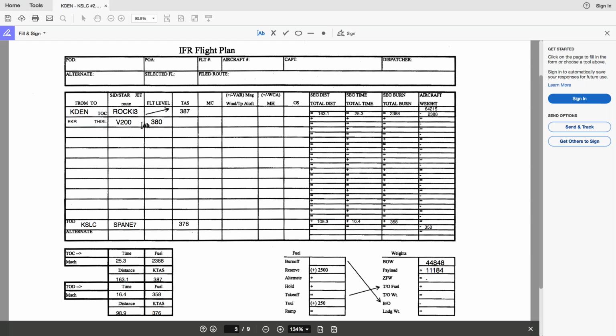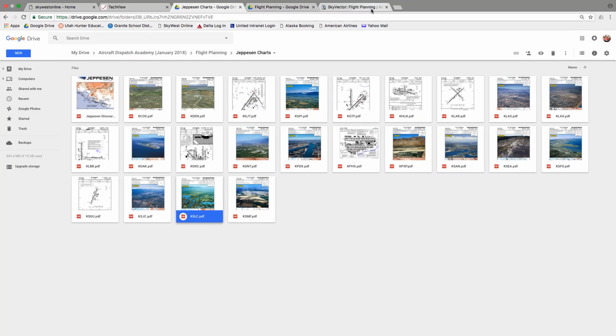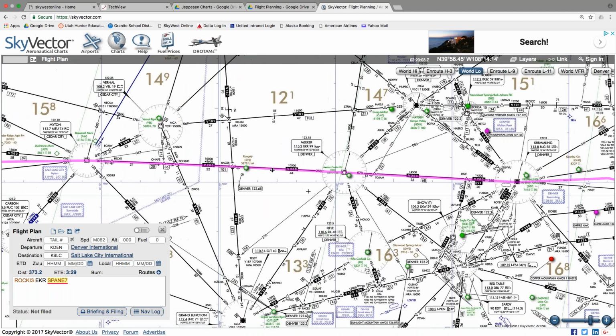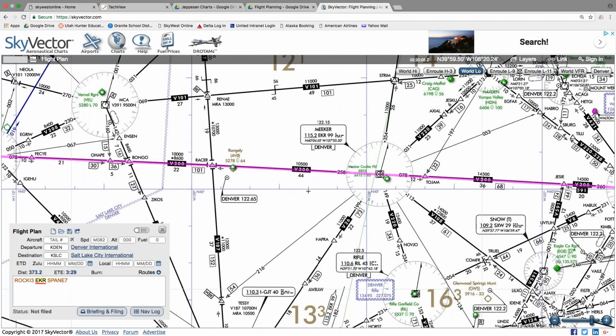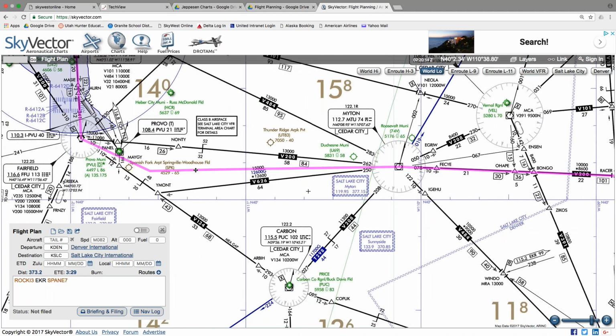Right? Okay. That being said, we know that we're on Victor 200, correct? Looking at this, you stay on Victor from Meeker to Mighton, right? So Thistle's somewhere like right here.